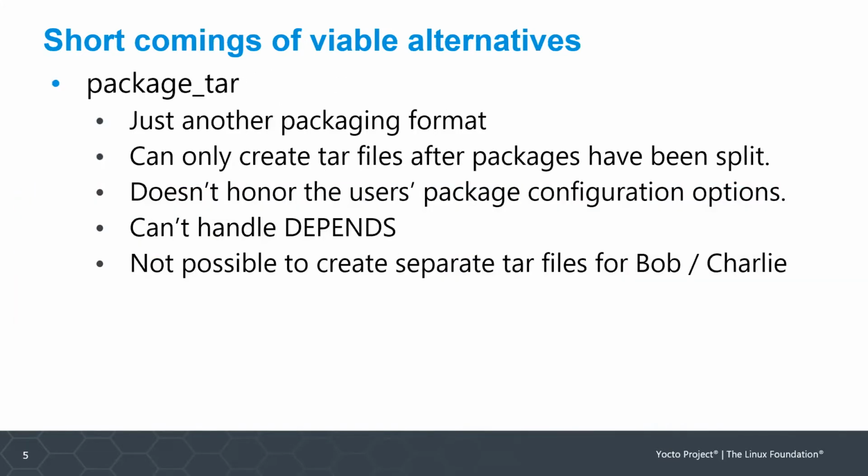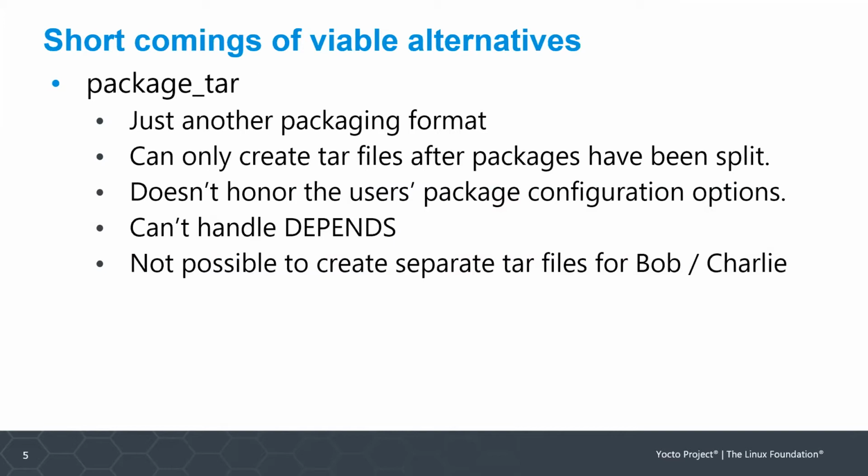One more alternative which we can think of is using a package star. So package star is nothing but we just generate one more package as a tarball. But the problem with this approach is the tarballs can be created only after the packages are split.